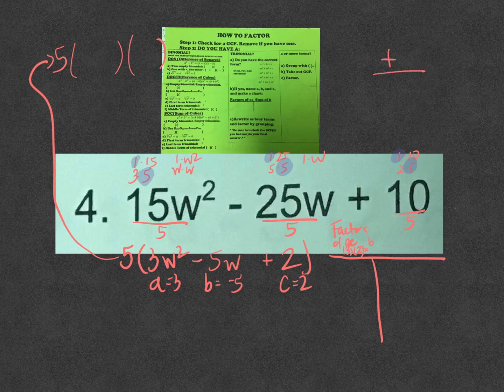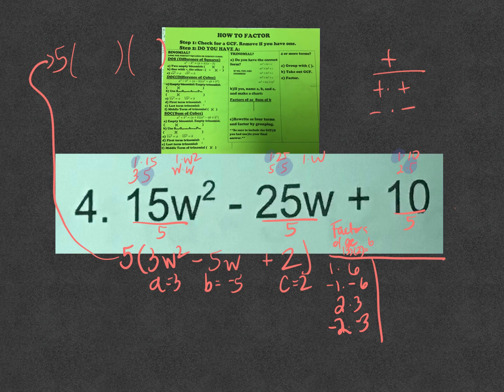How can I multiply and get a positive? A positive times a positive, or a negative times a negative. One of those two. So I want positive 1 times positive 6, negative 1 times negative 6, positive 2 times positive 3, negative 2 times negative 3.